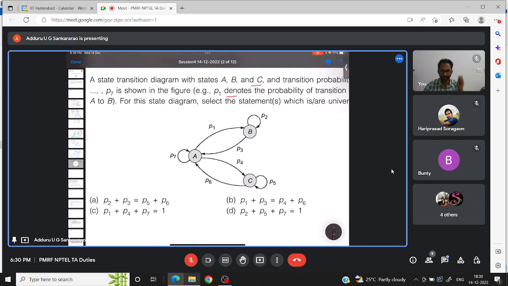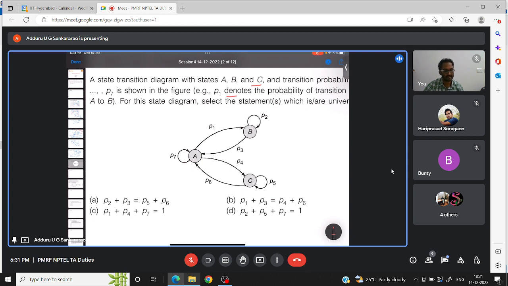So you have three states A, B, C. Let us say you are in state A, and the circuit is given some input. Then the circuit may stay in the same state, or it may go to state B, or it may go to state C, in the case of these sequential circuits.